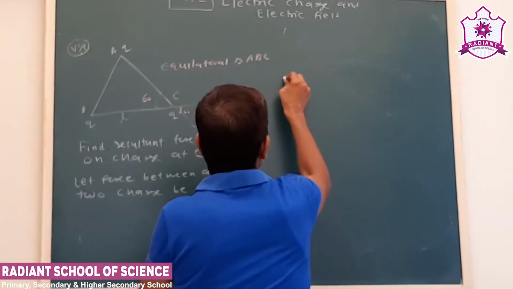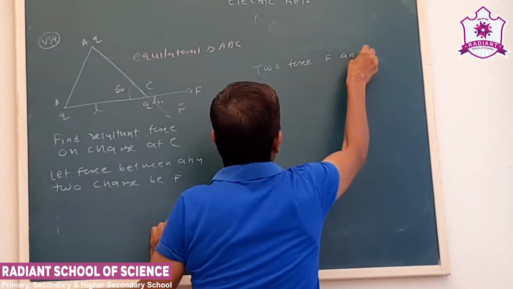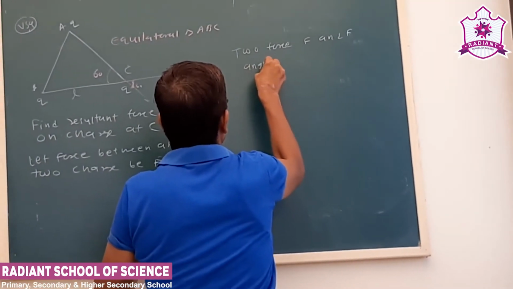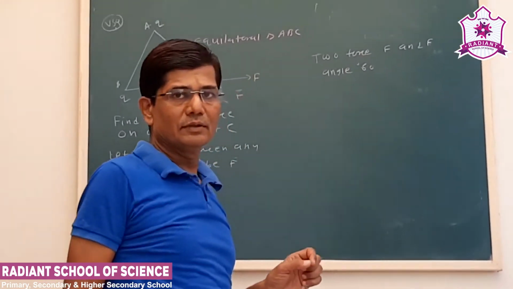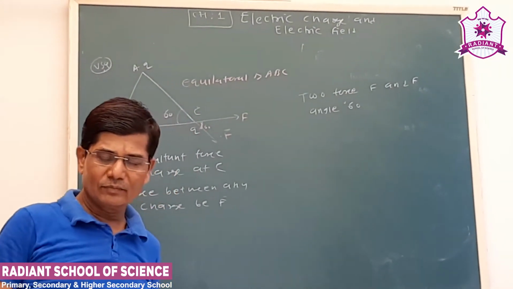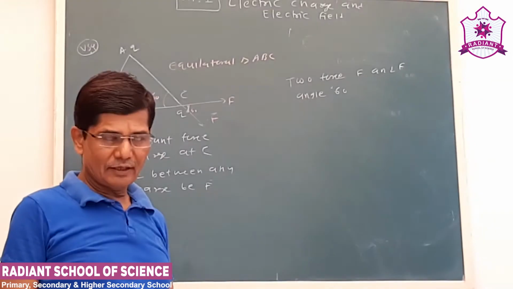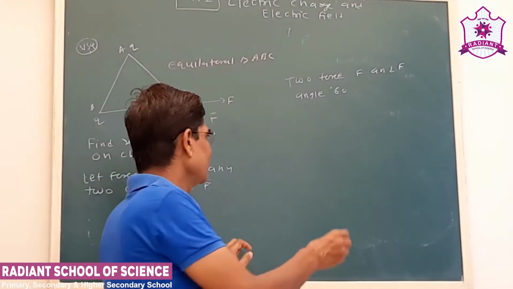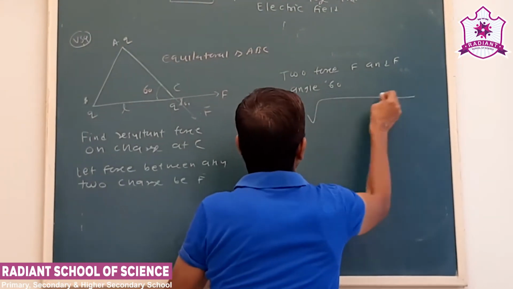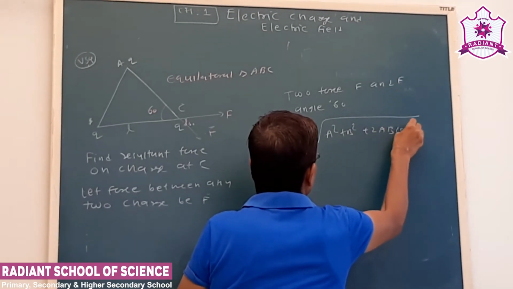Now we have got two forces, and the angle is 60. Now, see, the Euler standard we studied. If there are two forces or two vectors and the angle between them is given, we can have different methods, but a simple formula we can use: the resultant force of two vectors is the square root of A square plus B square plus 2AB cos theta.